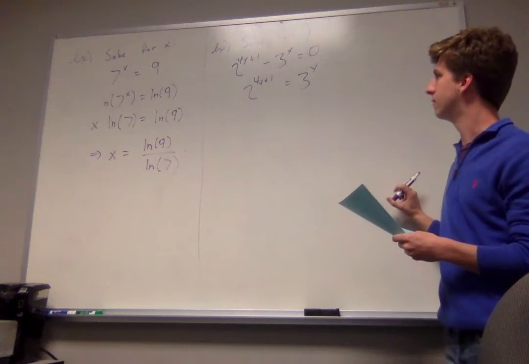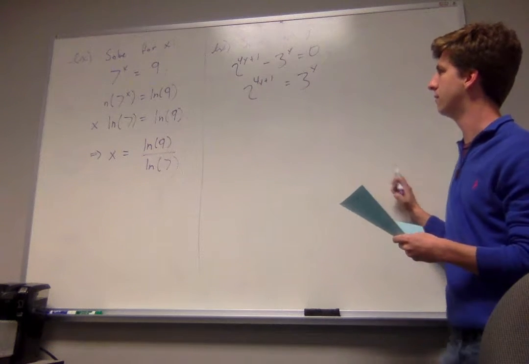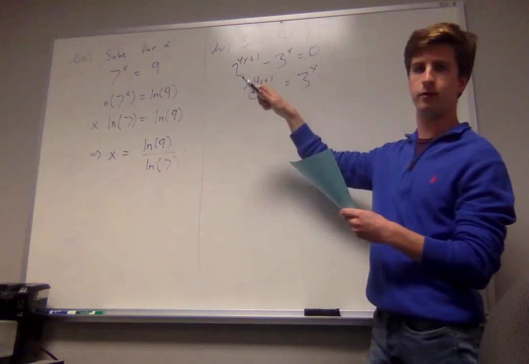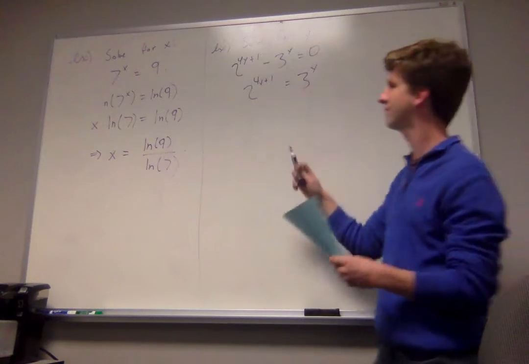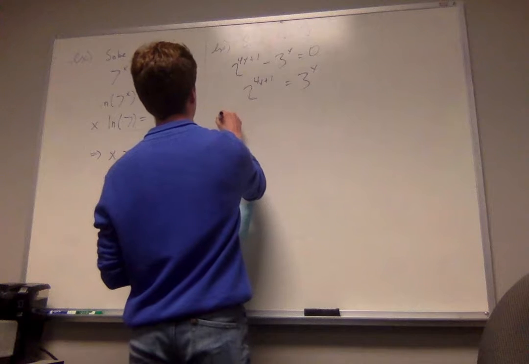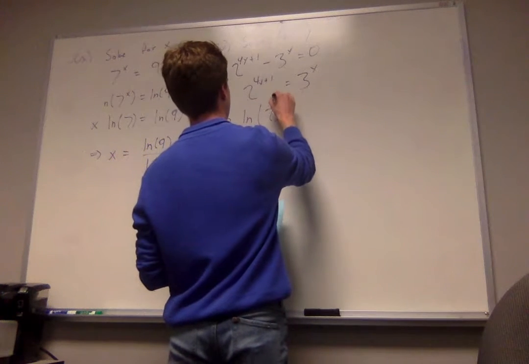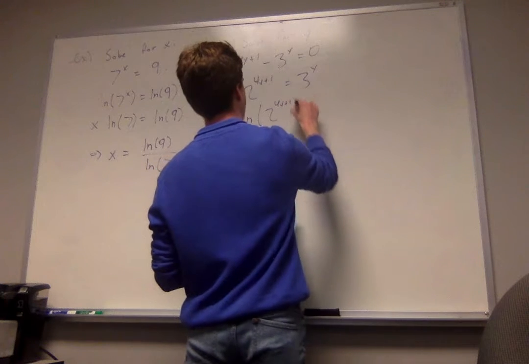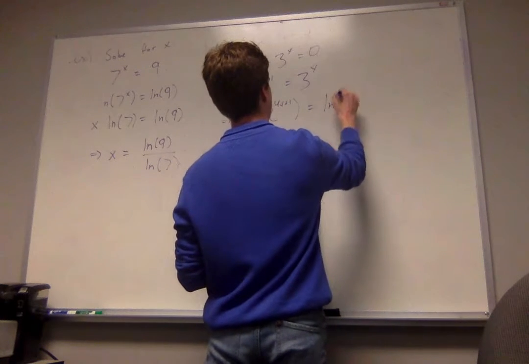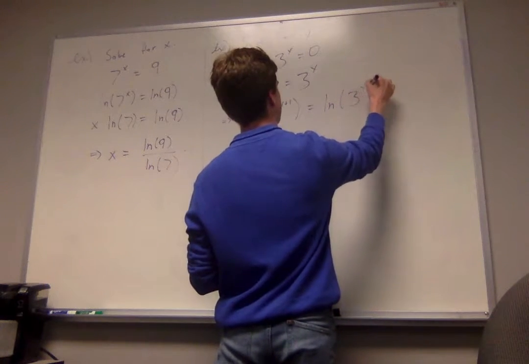So at this point, we can go ahead and take the log and move our powers out in front using that special property of logs. So doing that, we get that natural log of 2 to the 4y plus 1 equals the natural log of 3 to the y.